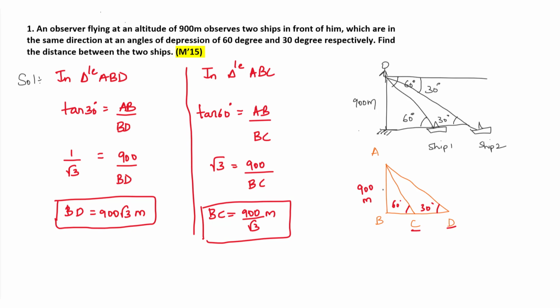Now what they have asked us to find is distance between the two ships, that is CD, right? CD. How can you find CD from the triangle? Just by subtracting BC from BD. Can I get CD? Yes. From BD, if I take away BC, I will be left out with CD. Using that, we will solve.